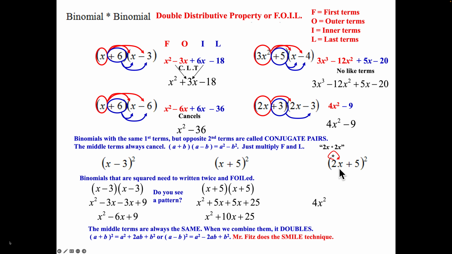Then 2x times 5 is going to be 10x, but then you double it to 20x. And then positive 5 times positive 5 is 25. So here's my F arrow, my O arrow, my I arrow, then my L arrow, and by combining it like this, you can see my smiley face.